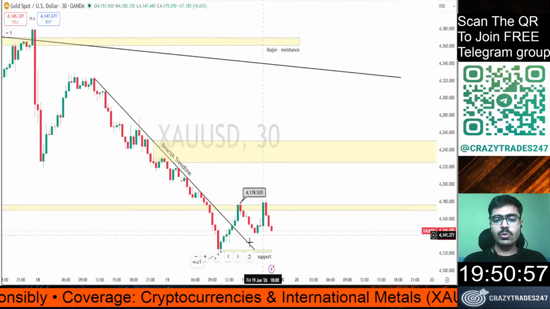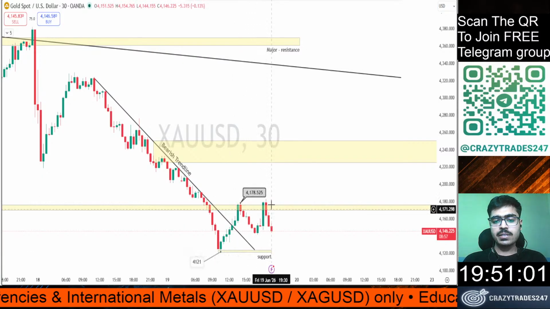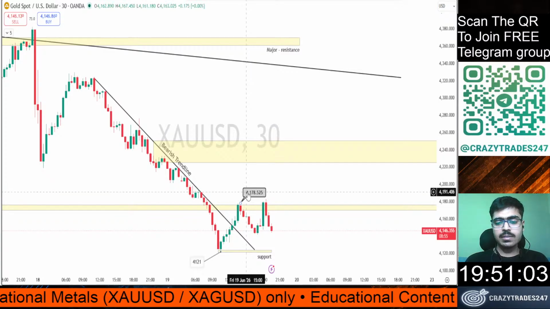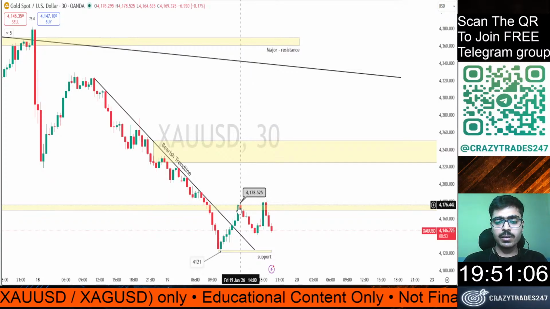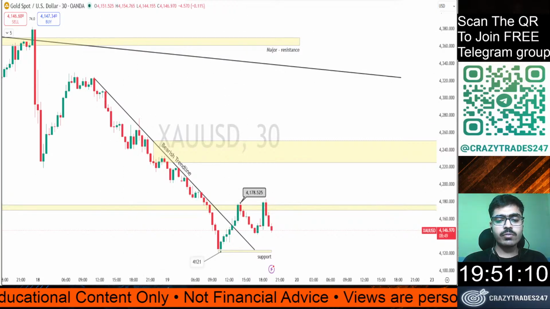Similarly, the case with gold. Gold is showing some really good rejection from the similar level as it had shown in the past. Like today only it has got rejected twice from the similar level.